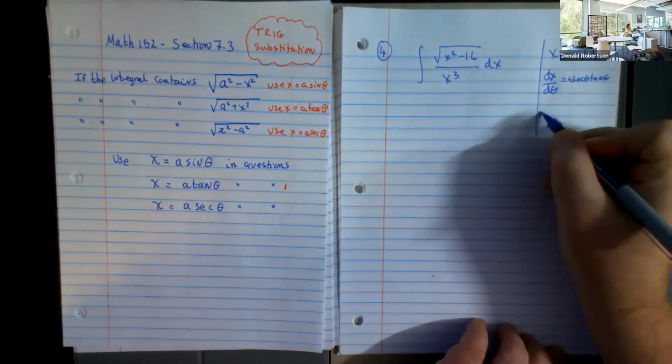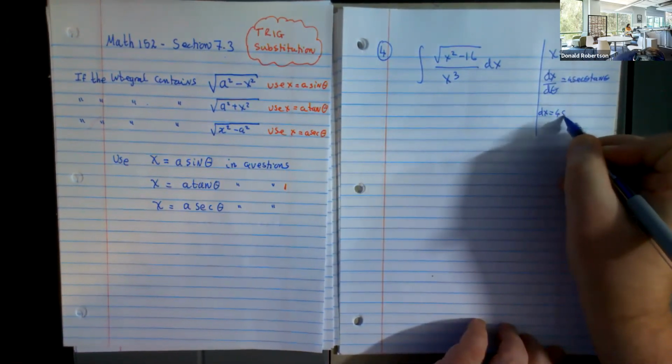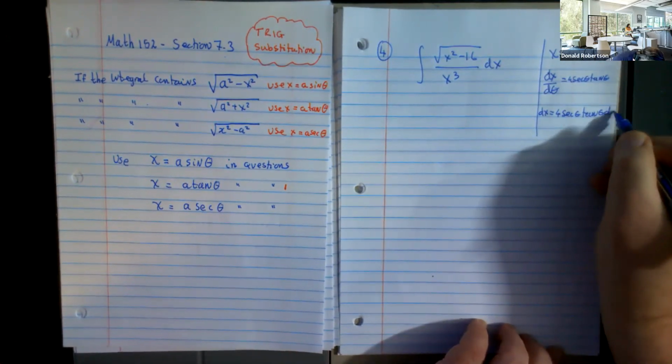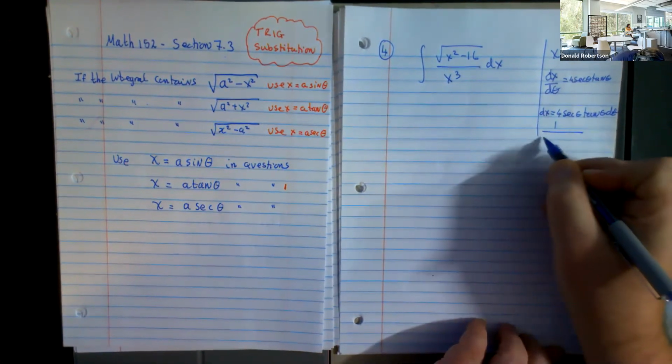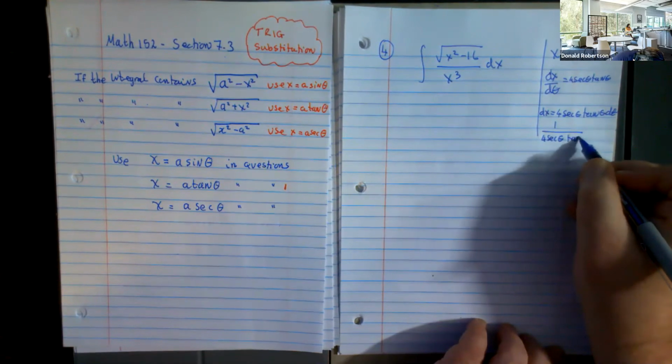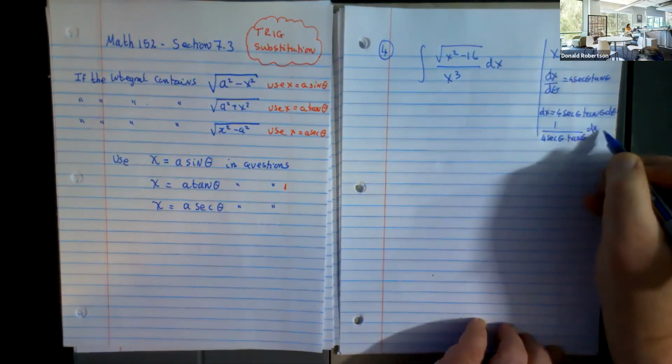You do a crossover, you get 4 secant tan d theta, and dx is 4 secant tan d theta.